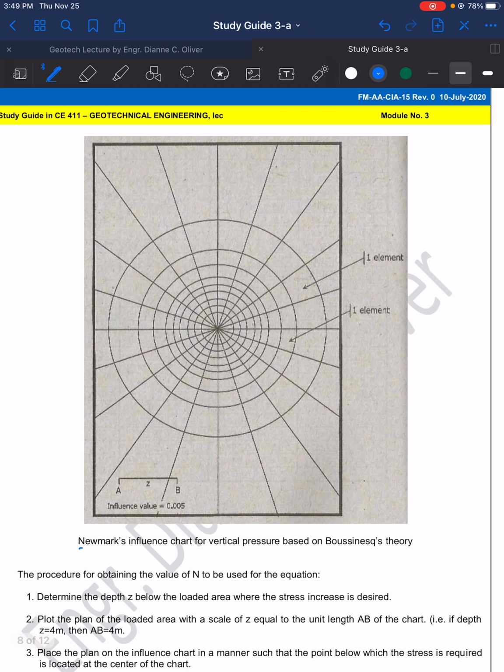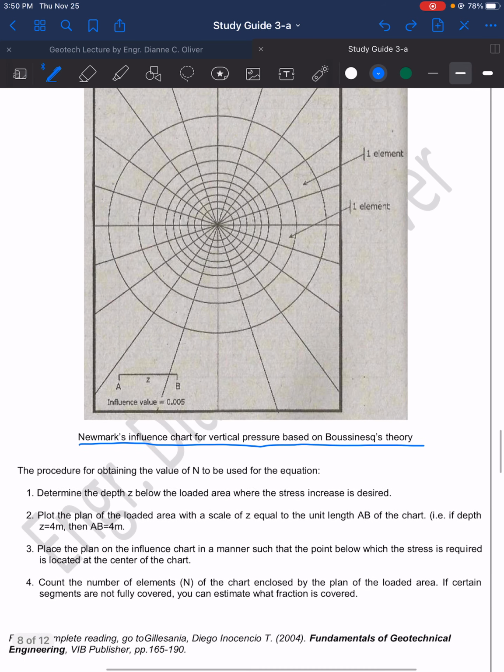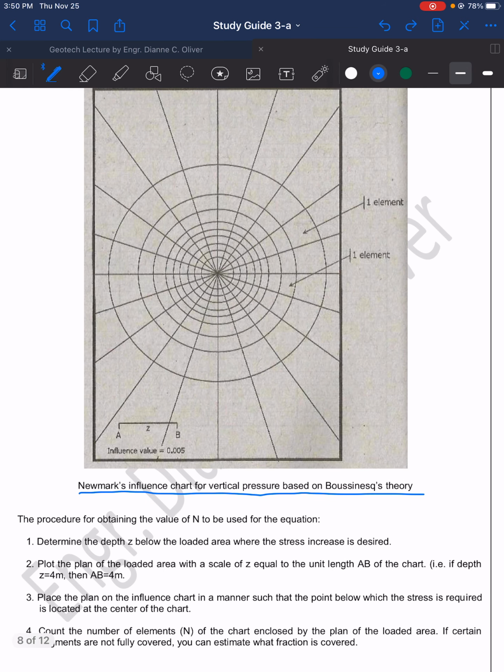So here is the Newmark's influence chart for vertical pressure based on Boussinesq theory. And then given I, or the influence value of 0.005. Here is the procedure. So the procedure for obtaining the value of N to be used for the equation.